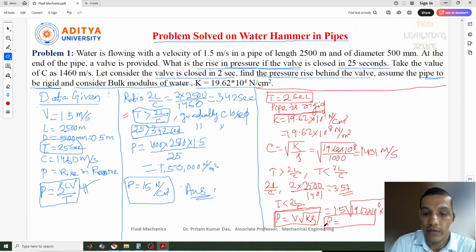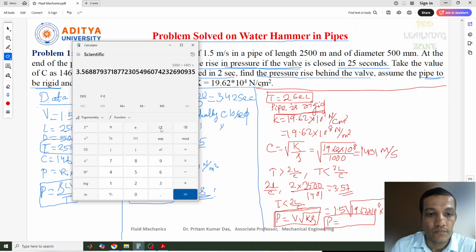So let me find out the pressure value, how much it is coming. 19.62 into 10 to the power 8, root over of this, and multiply by 1.5. So this is 16,000 something. Okay, no, this is 19.62 into 10 to the power 8, and again 1000 multiplication needs to be done.